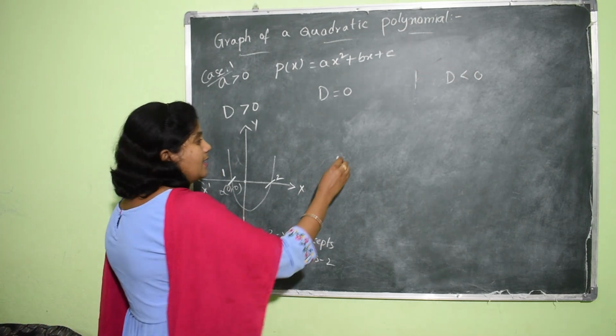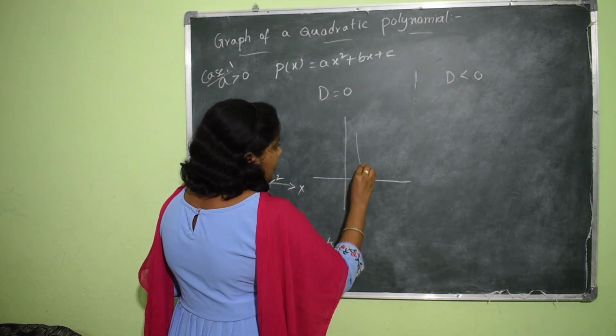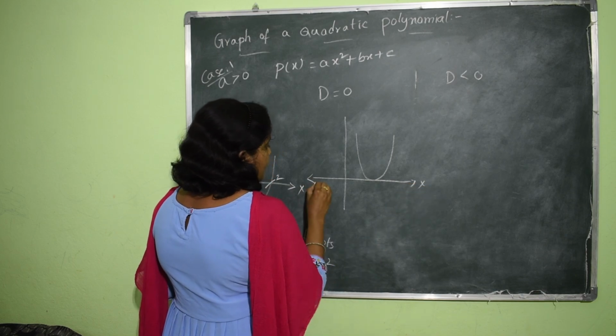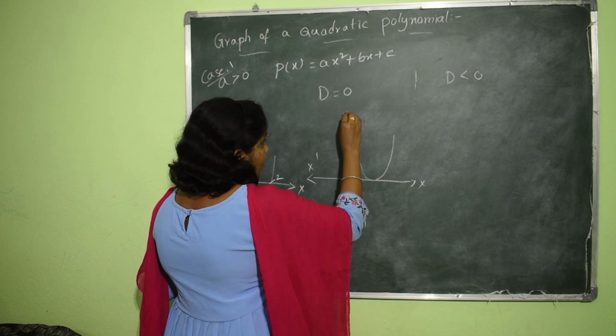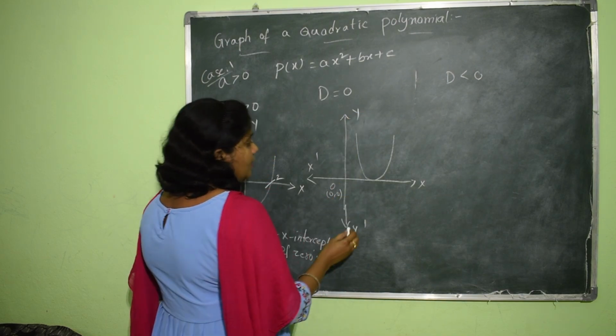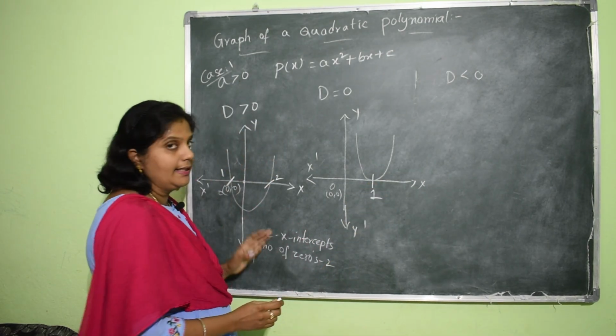Okay. Next, d equal to 0. For the d equal to 0 condition, same x-axis, x dash, y dash, y-axis and origin (0, 0). Here the graph will intersect the x-axis at only one intercept.